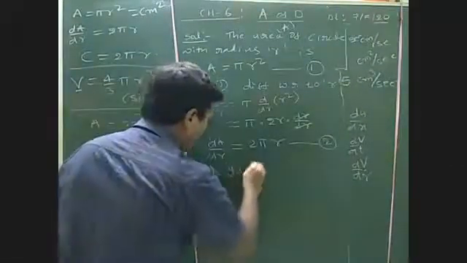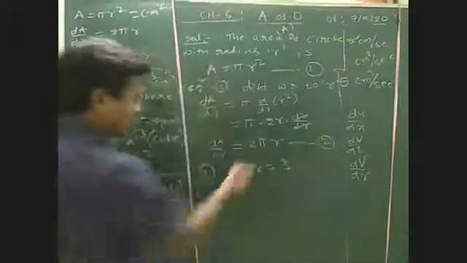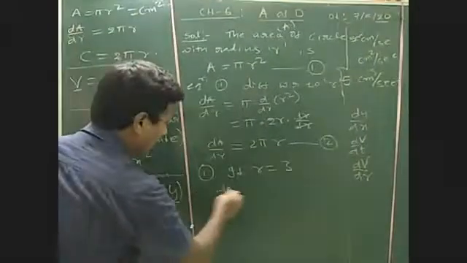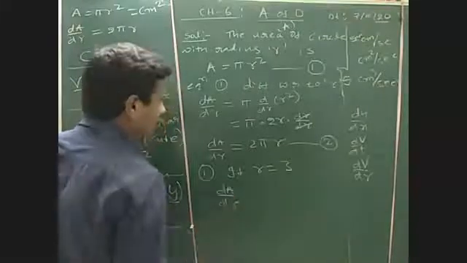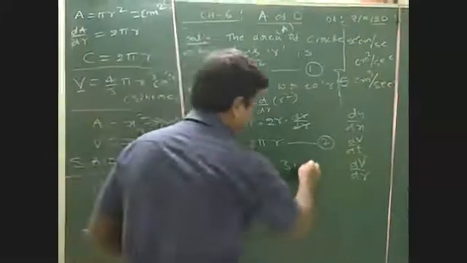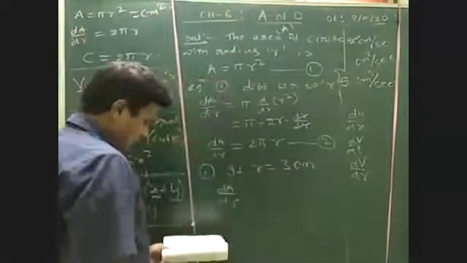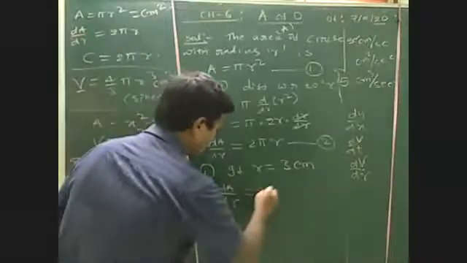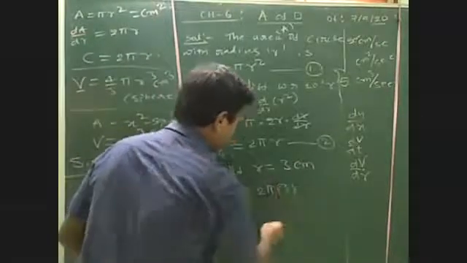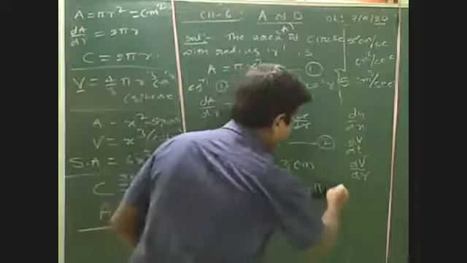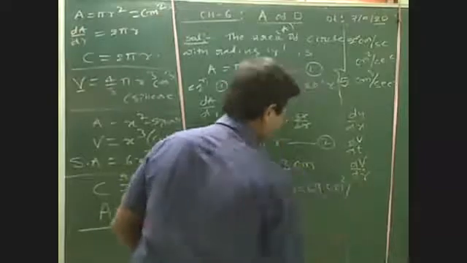If r is equal to 3, substitute here r. So dA by dr, with r given as 3 centimeters, is 2 pi into 3, that is equal to 6 pi centimeter square. That's it.